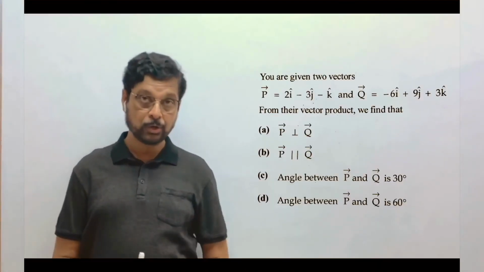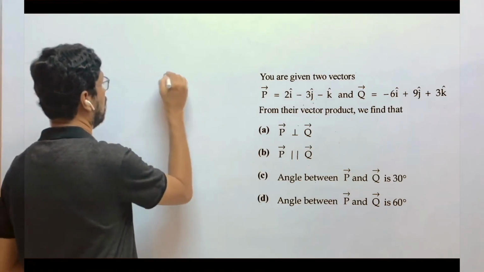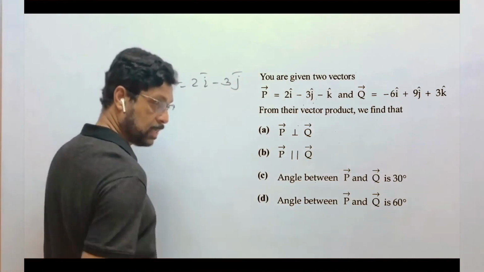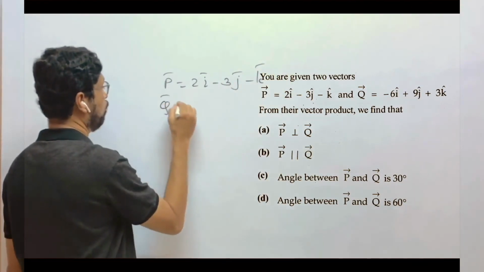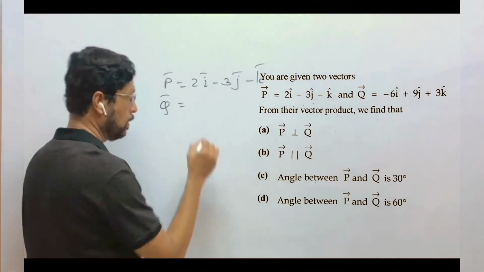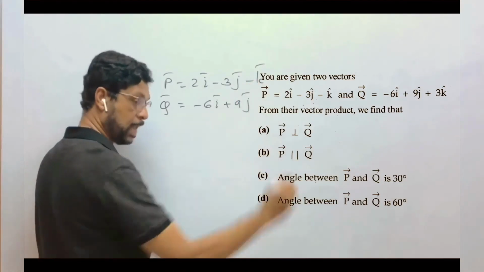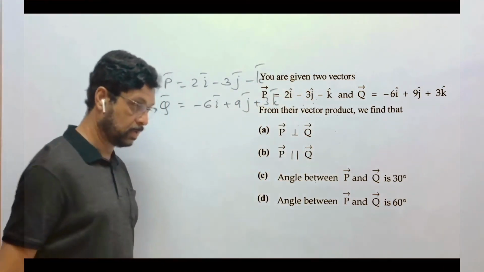You are given two vectors. P is equal to 2I minus 3J minus K and vector Q is equal to minus 6I plus 9J plus 3K.